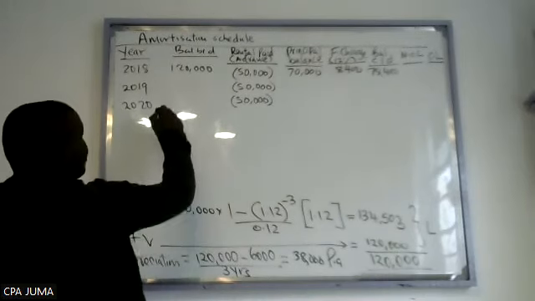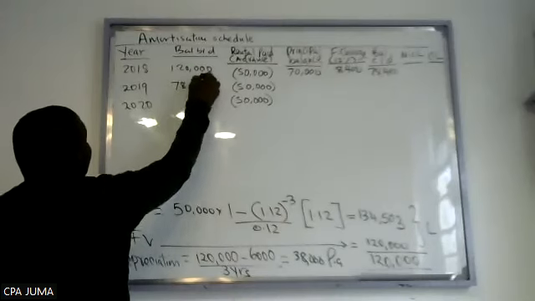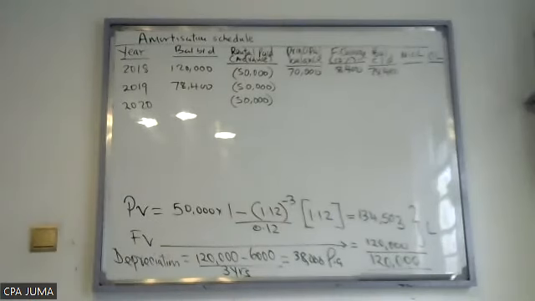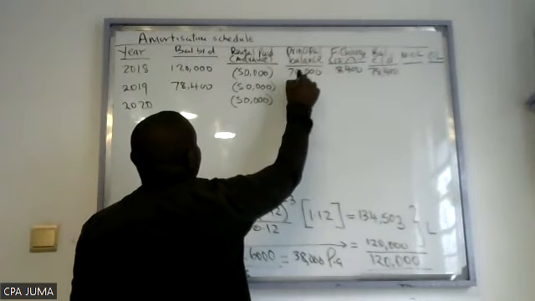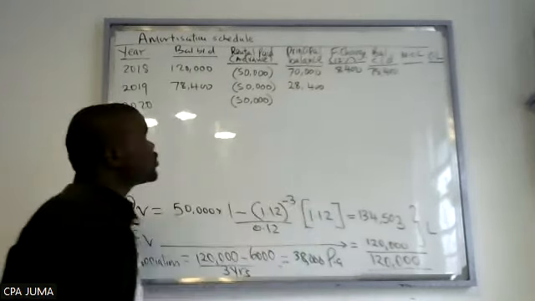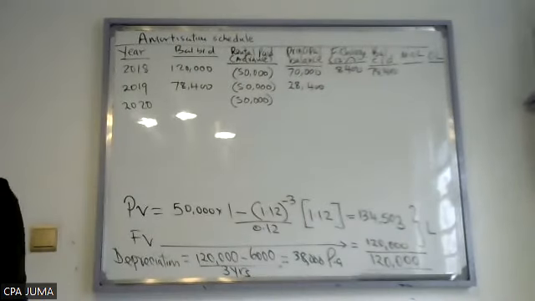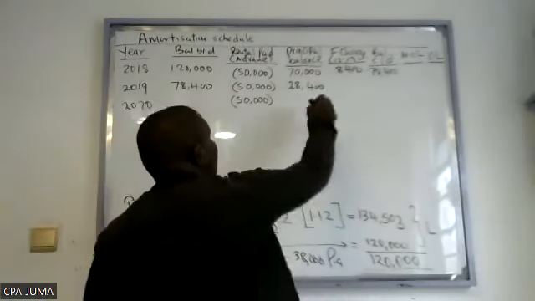Then here, we shall be talking of 78,400 as the balance. So this is 28,400. What is 12% of 28,400? 3,408.